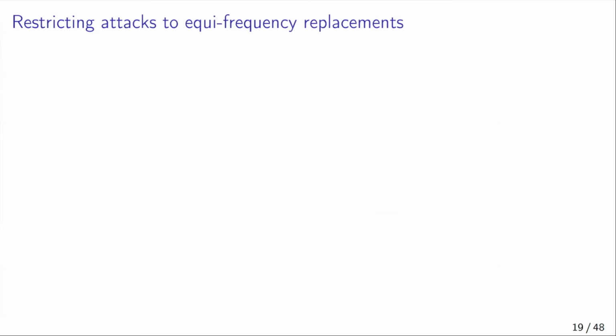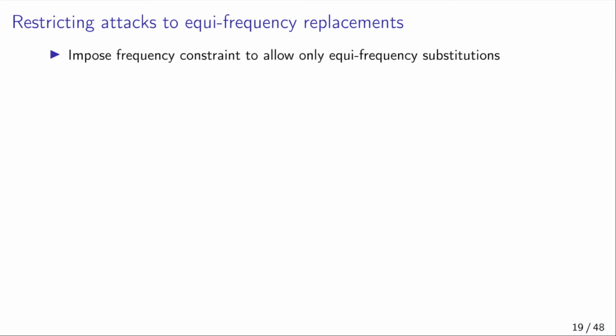What we did then is we tried to restrict the attacks to only allow for equi-frequency replacements, just to see how this would work out, because in theory, this would be a way of circumventing our method FGWS.